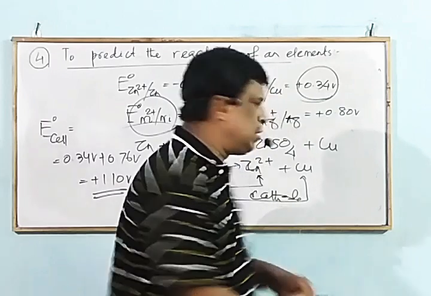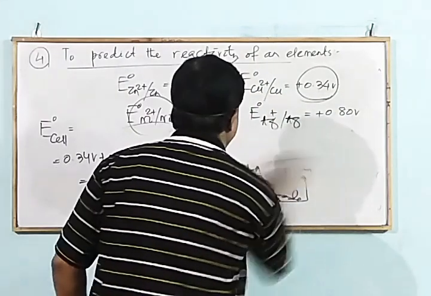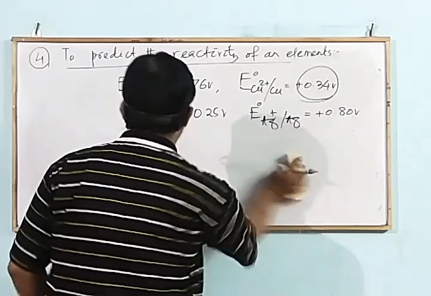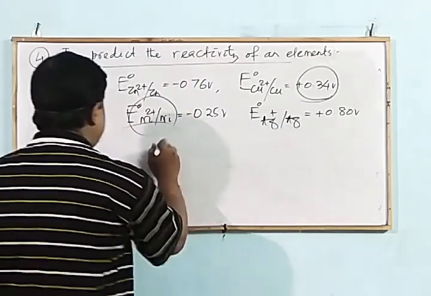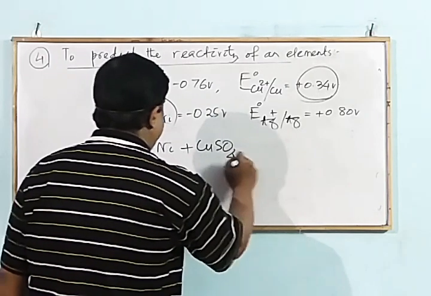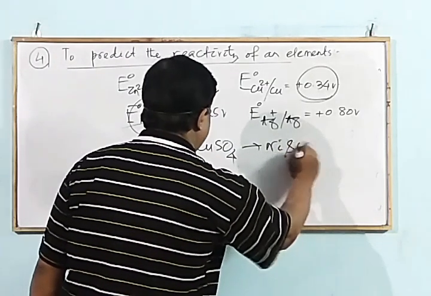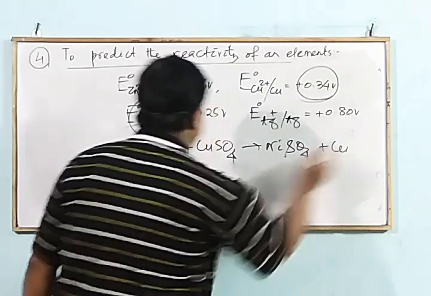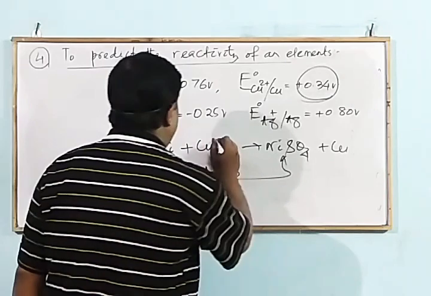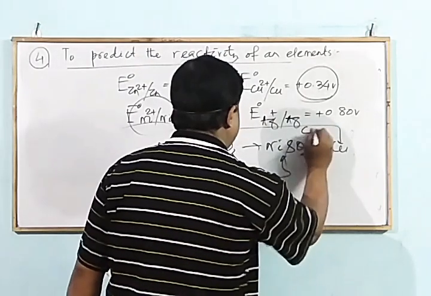Mark that. Same concept is there. That means predict the cell reaction. The cell reaction is nickel plus copper sulfate gives rise to nickel sulfate plus copper. That means nickel behaves as anode and copper behaves as cathode.